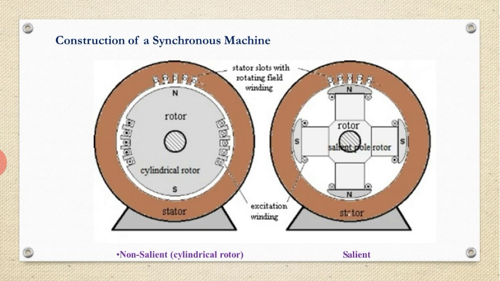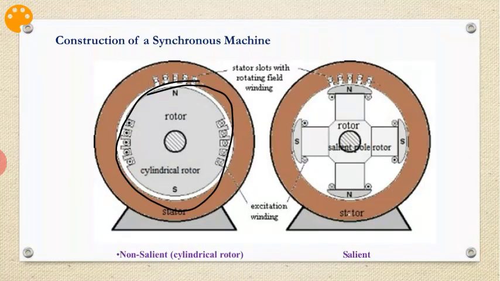Okay. Let us overview the construction. Here the rotor can be non-salient or salient. This is a non-salient cylindrical rotor because it is cylindrical. This is a salient pole. Here the stator slots with rotating field winding.